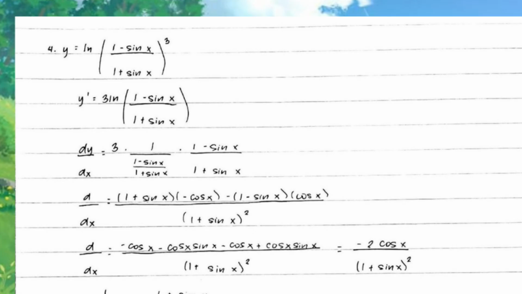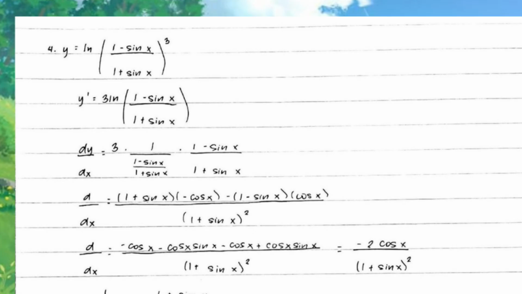Kaya, magiging 3 natural logarithm of quantity 1 minus sine x over 1 plus sine x. And then, gagamitan lang natin siya ng chain rule. Kaya yung dy dx natin, matitira lang yung 3 sa harap, times 1 over 1 minus sin x over 1 plus sin x times the derivative of 1 minus sin x over 1 plus sin x.